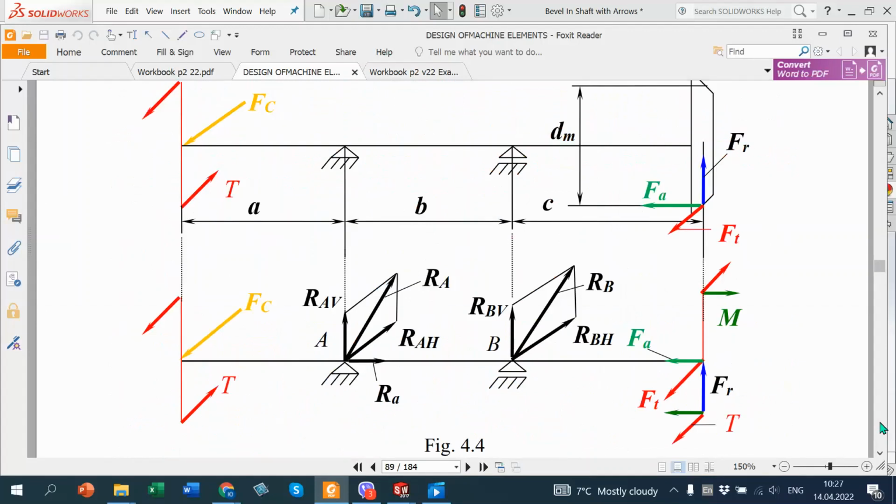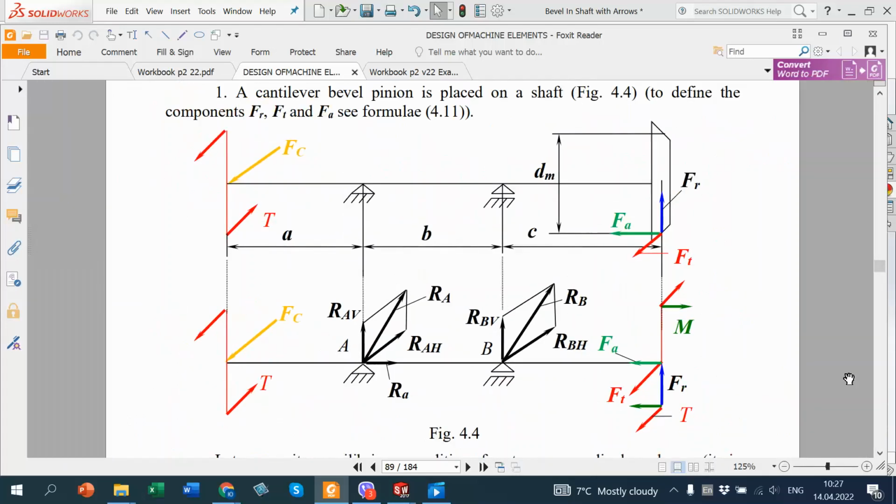It looks like here. This is a pinion, axial, tangential, and radial forces. And Fc, it is a coupling force, we know its value.